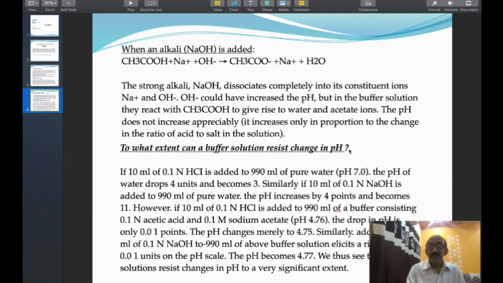There is a slight increase in pH, because alkali increases the pH. The initial pH of the buffer solution was 4.76. After addition of 10 ml of 0.1 normal NaOH, the pH slightly increases from 4.76 to 4.77, meaning only 0.01 pH units increase.